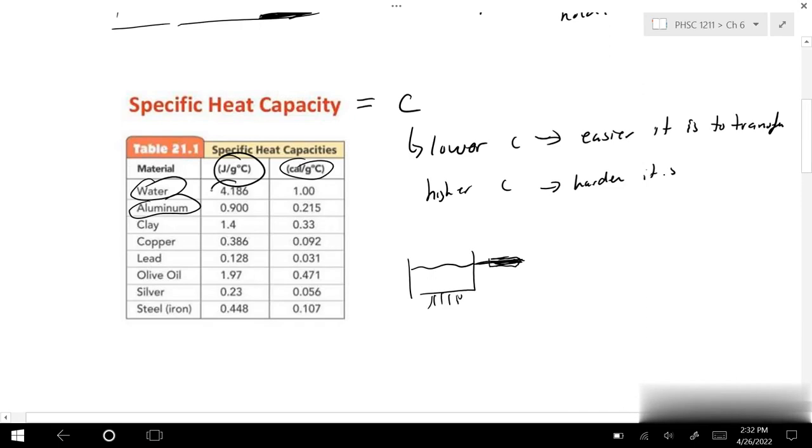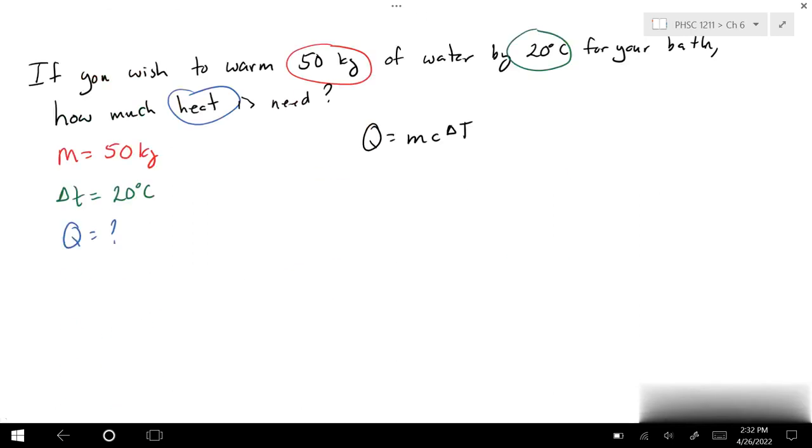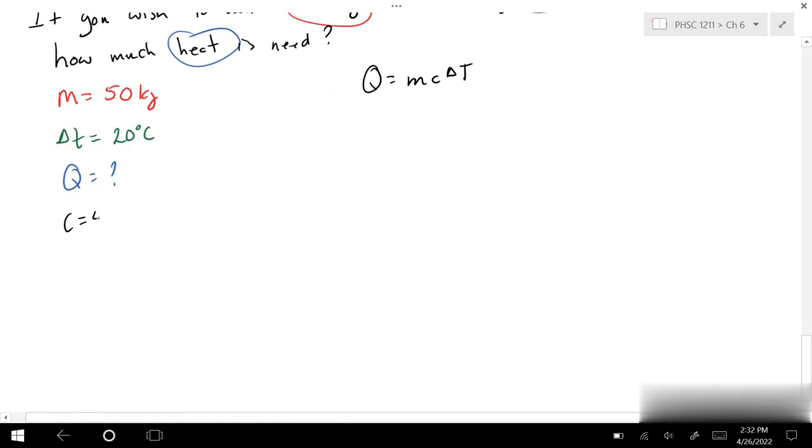Let's scroll back up here. So we have two choices here. We have joules and we have calories. So it really is going to depend on which one you want to use. If you want to use the joules, C is equal to 4.186 joules per gram degree Celsius, or C is equal to 1 calorie per gram degree Celsius.